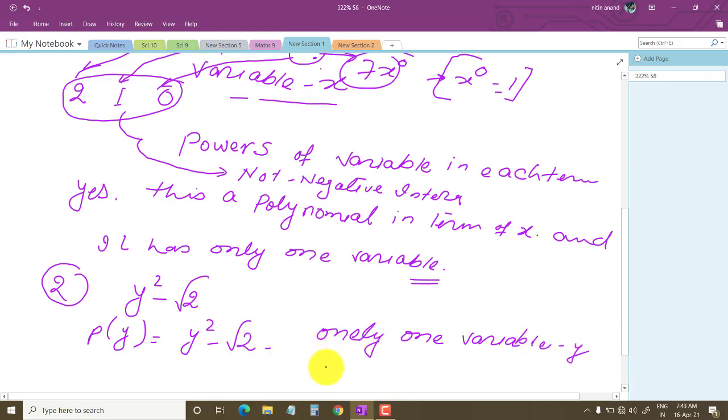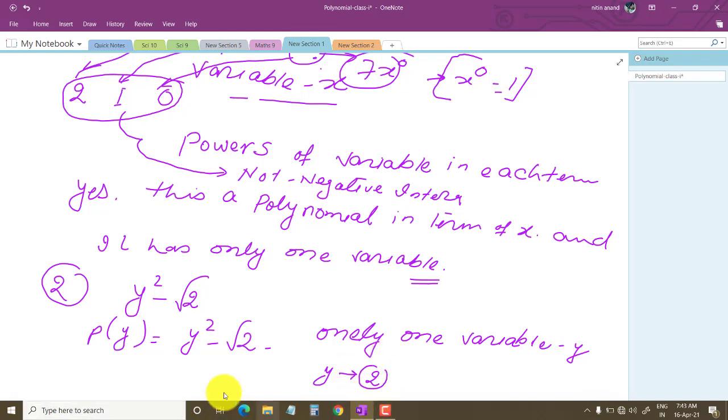Now we will see the powers of the variable. In this term, y square, the power of y is 2, and it has only one term for the variable y square, that means its power is 2.